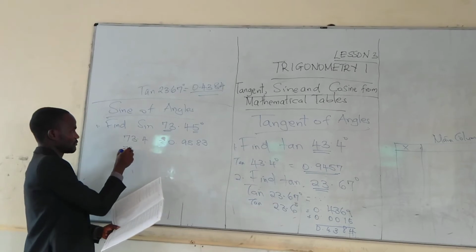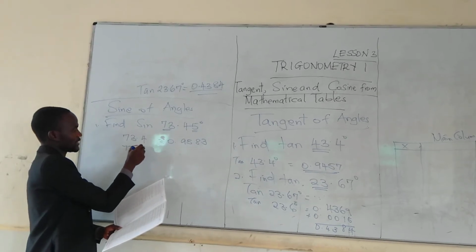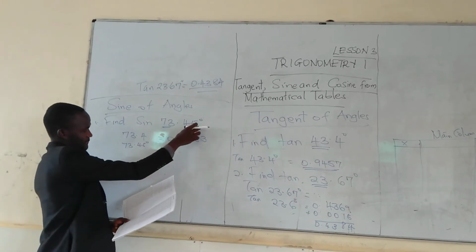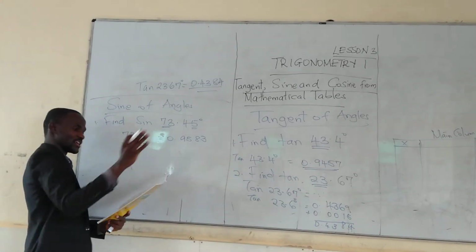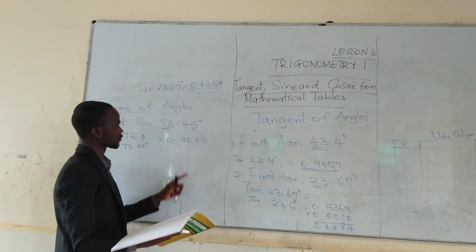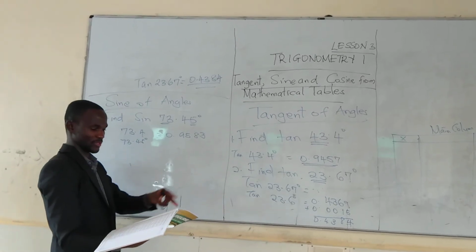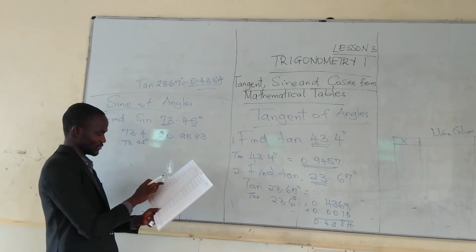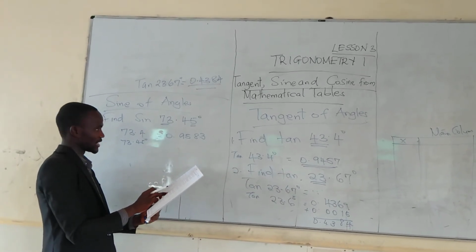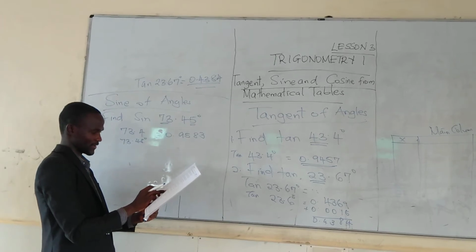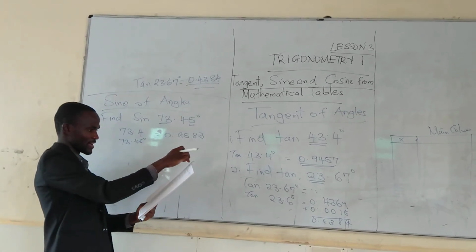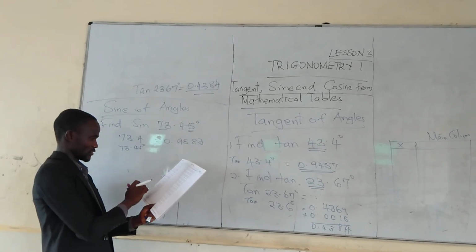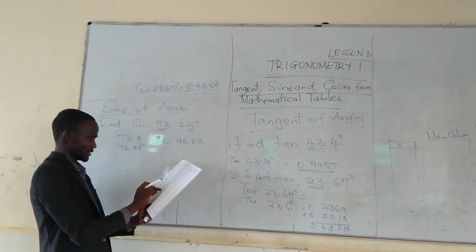Then we bring in the other bit. For 73.45 degrees, we bring in the other bit of the 5. Remember also here we have the very last column, the mean difference column, where we are adding. So row 73, we move with it until we get to 5, the top numbers there. We'll have around 2.